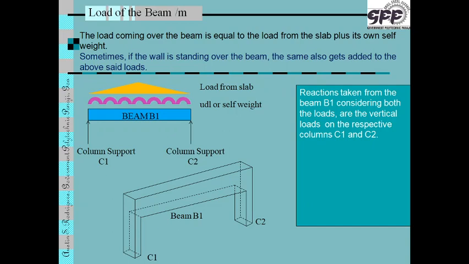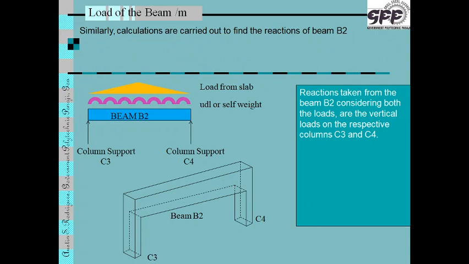The reactions found from the beam B1 due to the loading from the slab and its UDL or self weight, the reactions will be contributing to the load of column support C1 as well as C2. So finding the reactions from B1, we get the loads or we get the reactions on column C1 and C2.